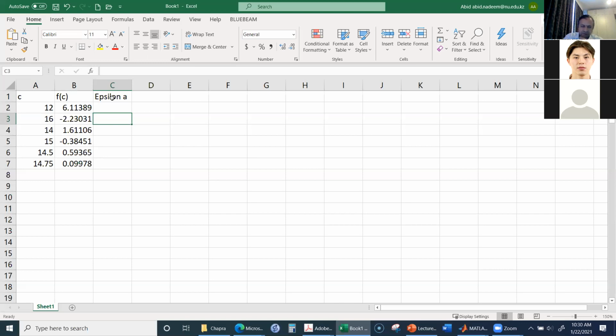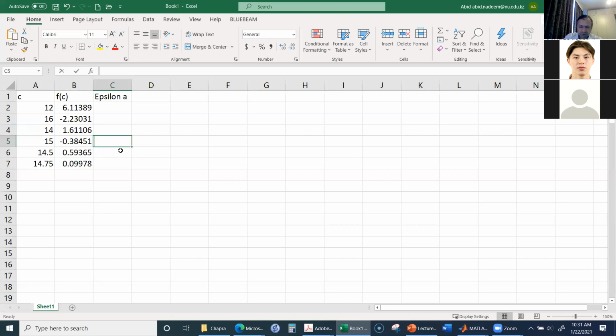Okay, so the first two values were actually given values. First approximated value was 14, and then the next approximated value was 15. So I think we can start epsilon A from here. The new value was 15, and the old value was 14.